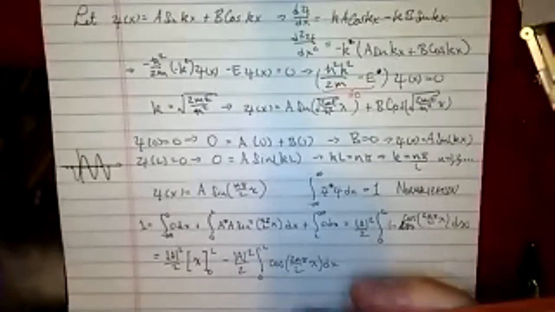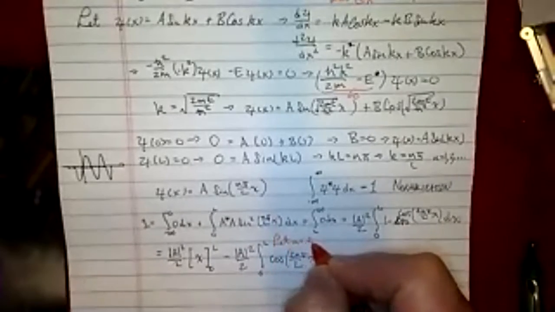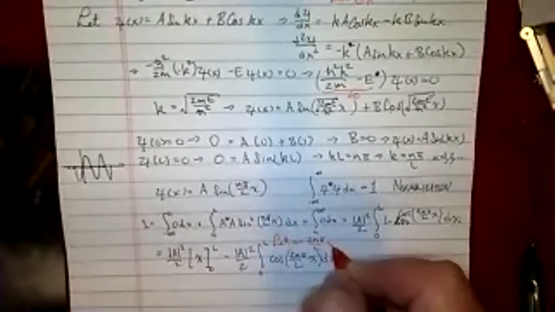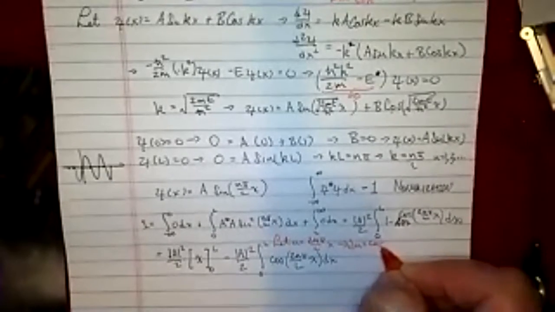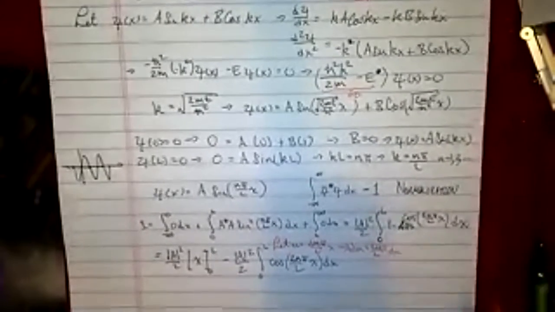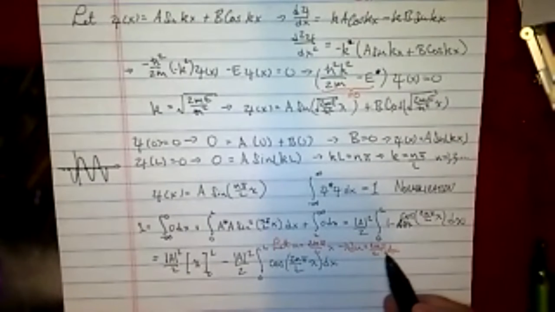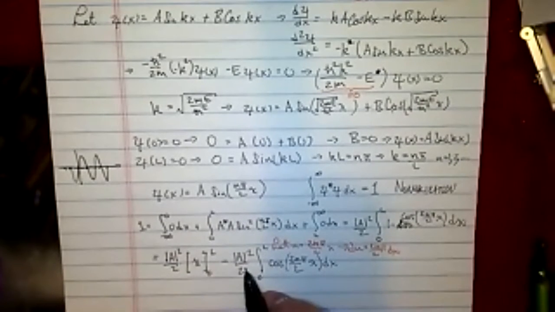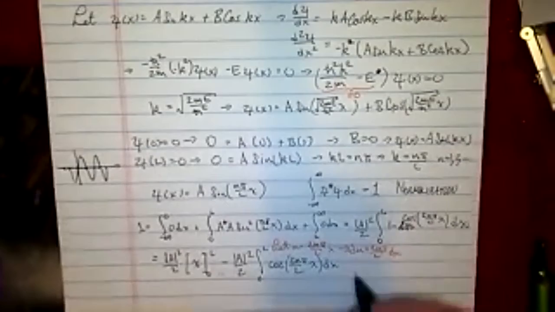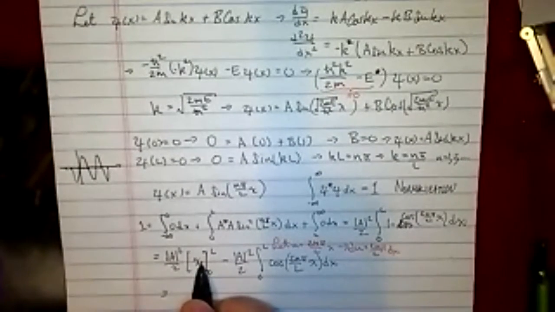In this case, I'm going to say let u equal 2 n pi over L times x, then du is equal to 2 n pi over L dx. So to make this happen, I have to basically take dx and call it L over 2 n pi du. So I'm going to put the L over 2 n pi multiplied by out front here.